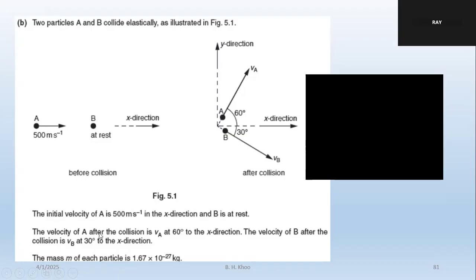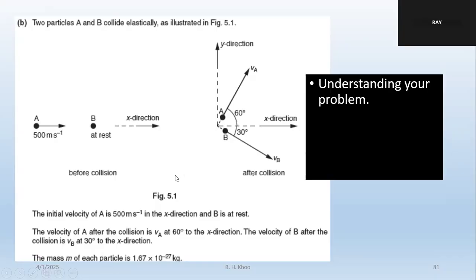The velocity of A after collision is VA at 60 degrees to the x direction, and the velocity of B after collision is VB at 30 degrees to the x direction. The mass of each particle is given, 1.67 times 10 to the power minus 27 kilogram.